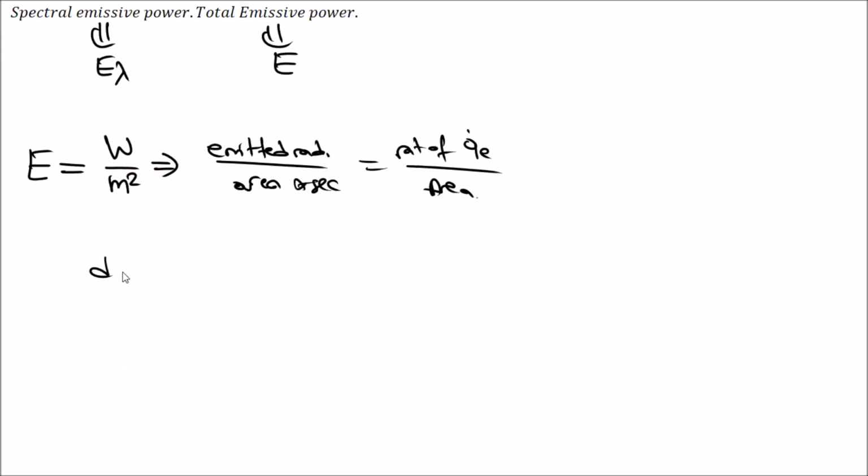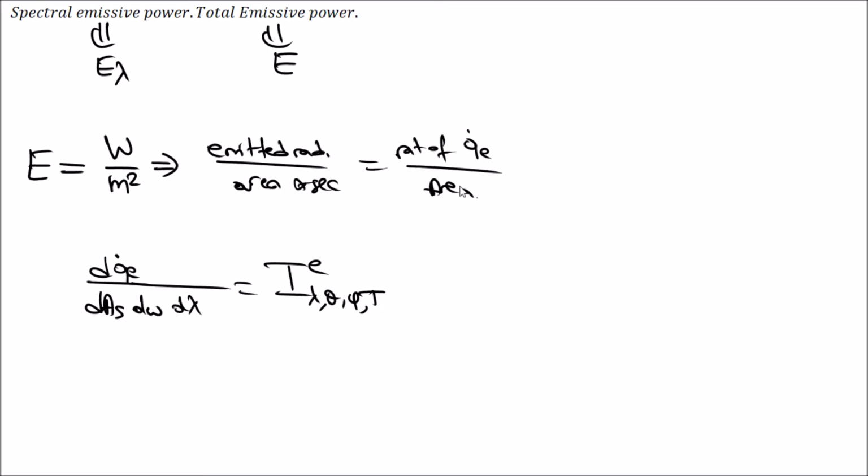So let me write it here. The differential rate of emitted radiation divided by dA_s, d omega, and d lambda was equal to I emitted, which is a function of lambda, theta, phi, and the temperature. First, to find the total emissive power, I should find the emitted radiation per area.